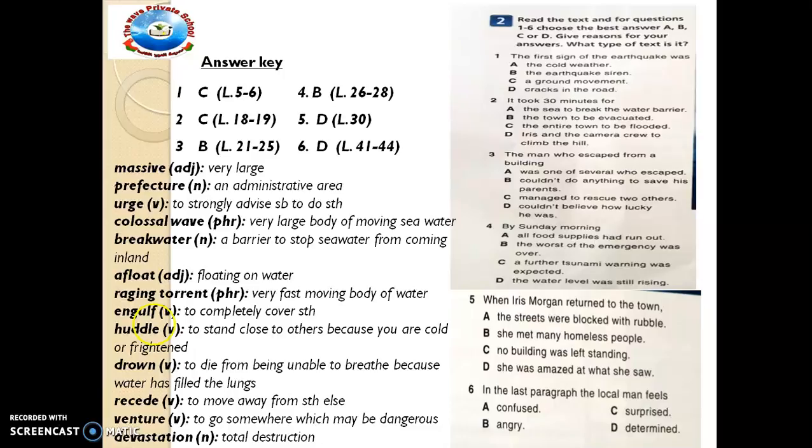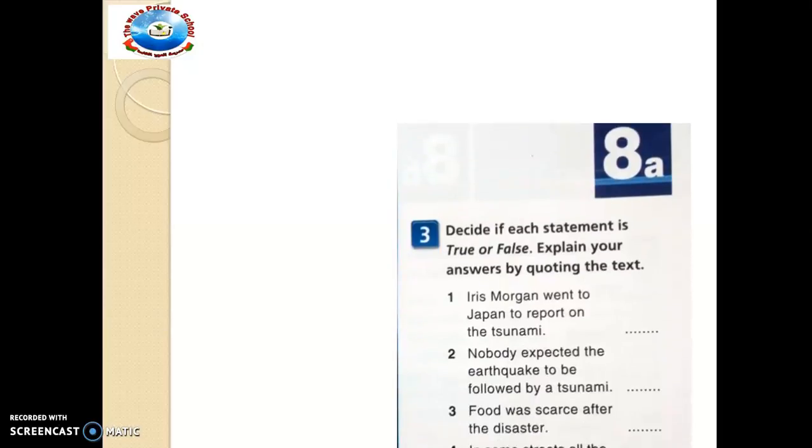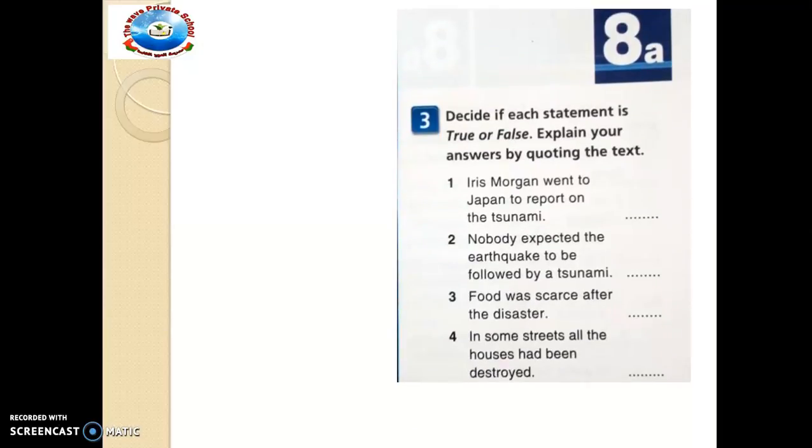Have you done that? Let's now move to the next slide, and that will be exercise 3, where we want to read for specific information. It says decide if each statement is true or false. Explain your answer by quoting the text. So let's see what will be the answer.